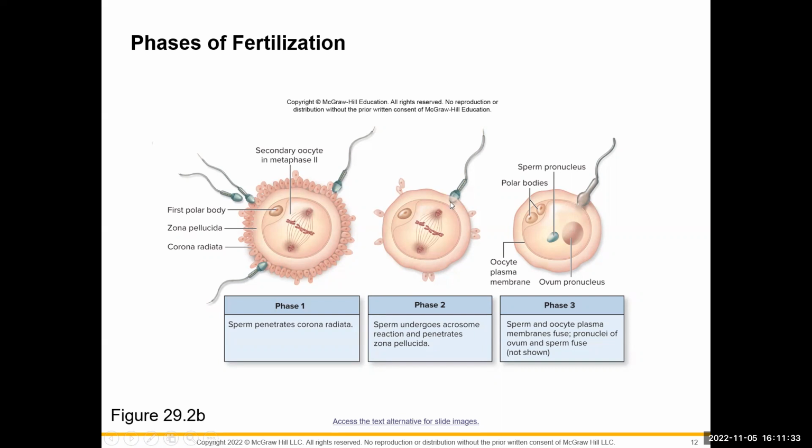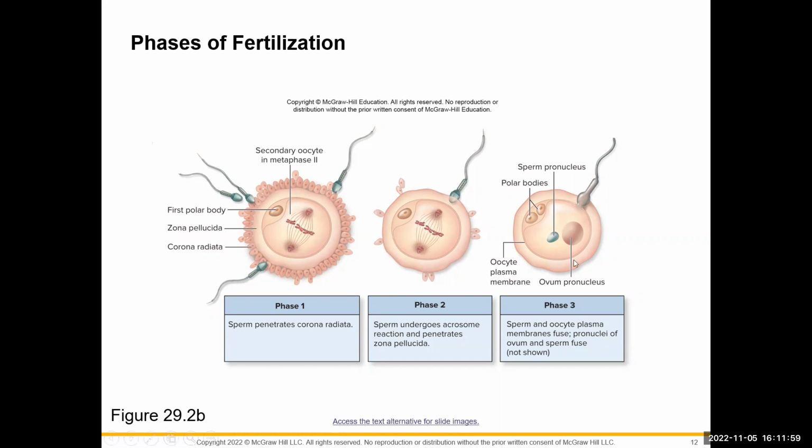And as soon as the sperm makes it to the zona pellucida, we get that hardening. So you can see in this picture there's other sperm over here. These other sperm are prevented from entering into the oocyte because of that acrosome reaction, which causes that hardening of the zona pellucida. And that's phase two.